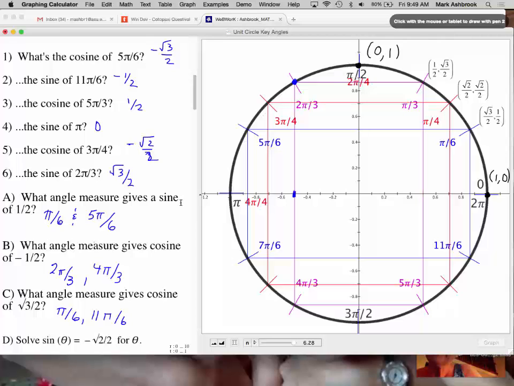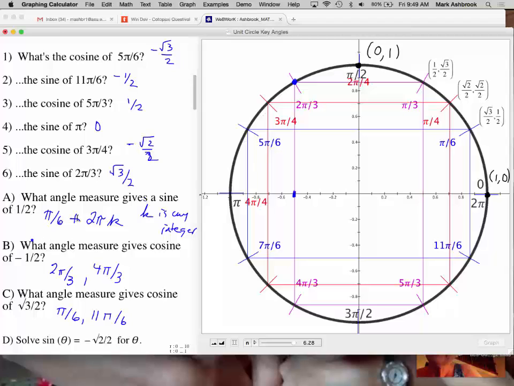So really what we want is pi over 6 plus, we could just keep doing a full rotation. What is one full rotation of angle measure? 2 pi. So we could just keep adding any number of 2 pi's, so we can say 2 pi k, where k is any integer.